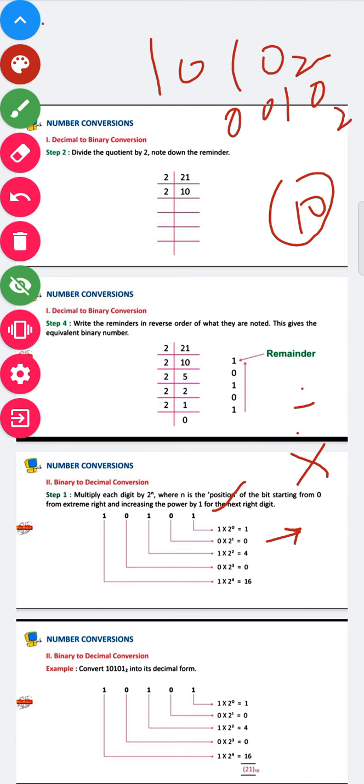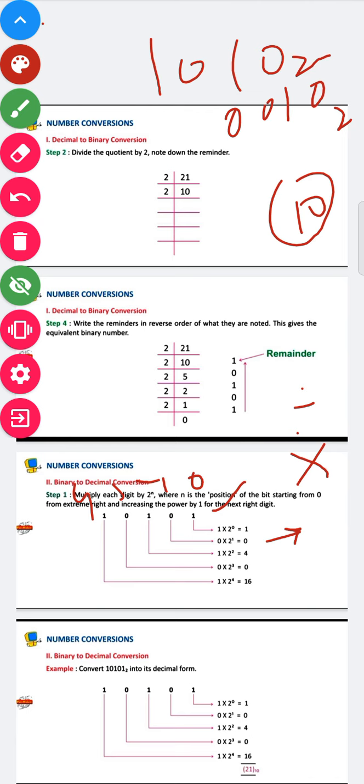Next is 1 and the power will be 2, because we have the positions 0, 1, 2, 3, 4, these will be the positions of the numbers, right?